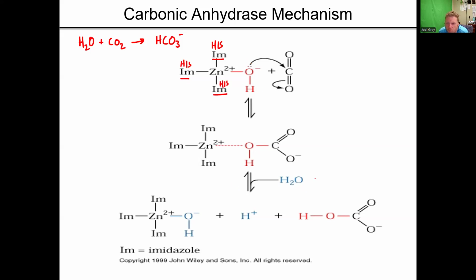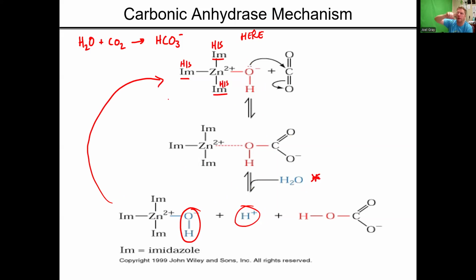If you want to look at this as the starting point, look down here. We have water coming in, the hydroxide is attracted to Zn2 plus, and a proton is released. Just imagine that that has happened right here. To visualize this figure, these are steps that go on and repeat over and over again.